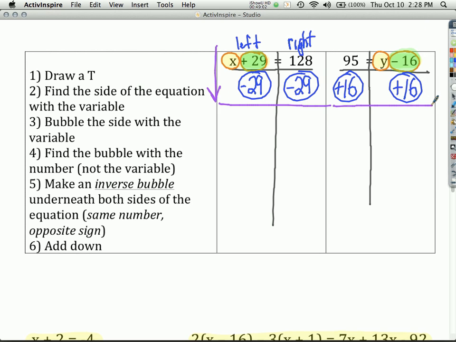So this is a column. X plus nothing is X. 29 minus 29 is 0. Equals comes down. 128 minus 29. What do we get there? 128 minus 29. Chanel? 99. We get 99. For this one, we get 95 plus 16.